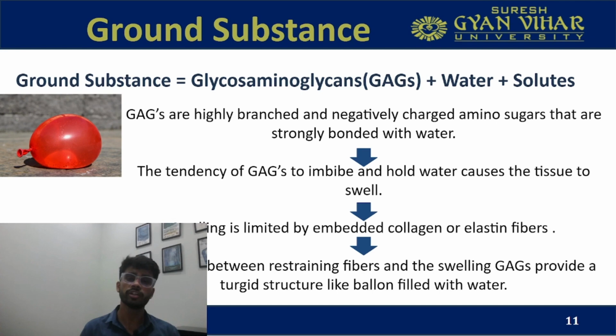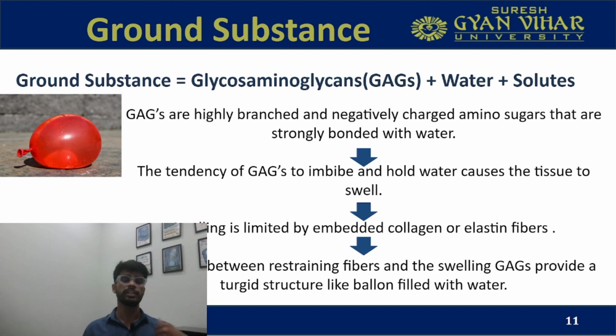It is important in providing shock absorption capacity. If the ground substance is composed of glycosaminoglycans, they will imbibe the water and hold it, and after holding the water, they will have the capacity for better shock absorption.